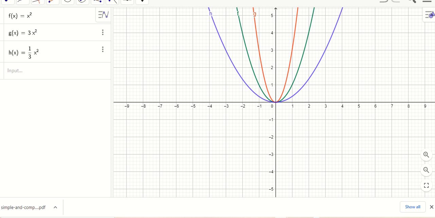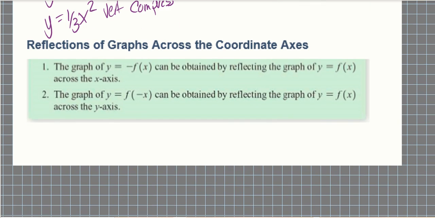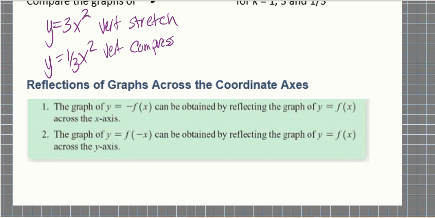Got you. All right. So let's go back really quickly. We see the vertical stretch and compress, right? So let's look at the last thing, and then we'll do a couple of examples. It says the graph of y equals negative f of x can be obtained by reflecting the graph across the x-axis.